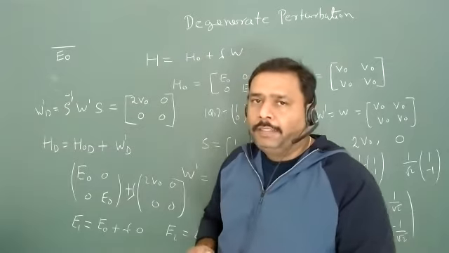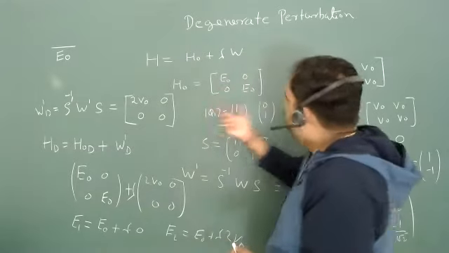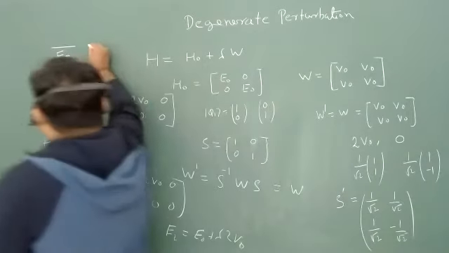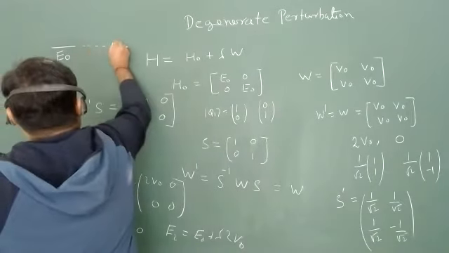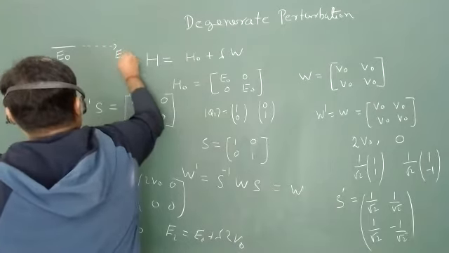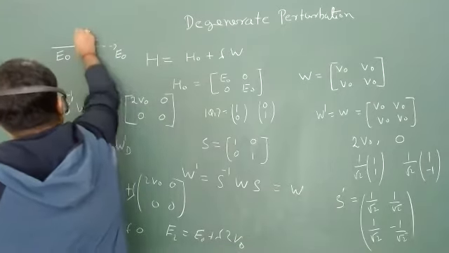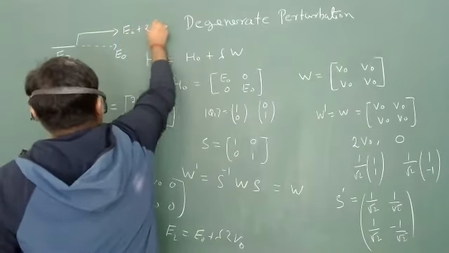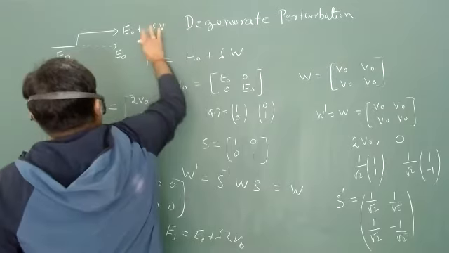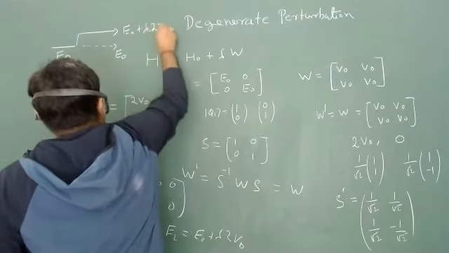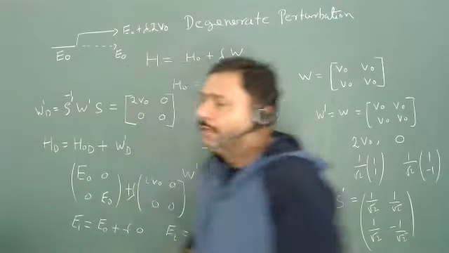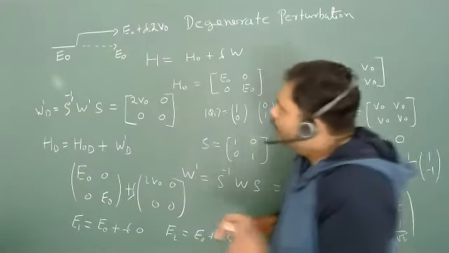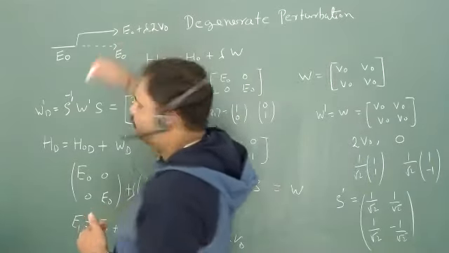Then what will happen? This is such a beautiful perturbation that the lowest value will remain the same, exactly E naught, and the other value will split, and that value is E naught plus lambda 2V naught. This is very interesting, and now you can have the actual 2 cross 2 result.